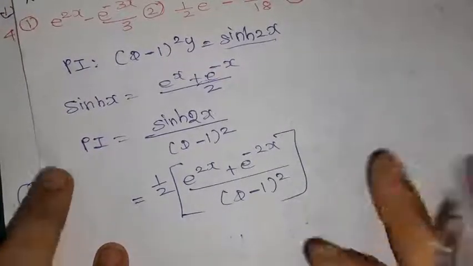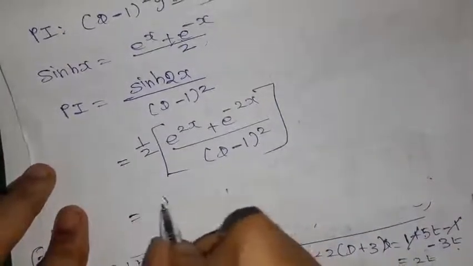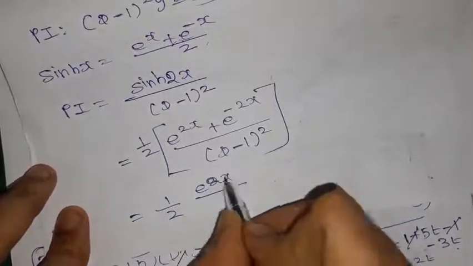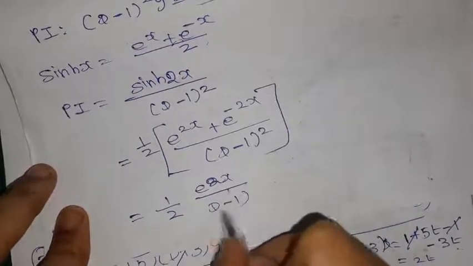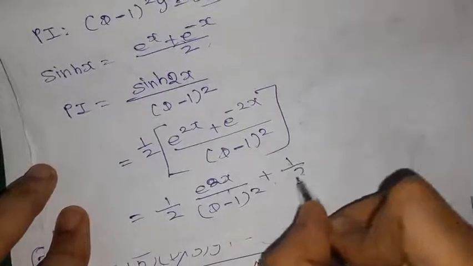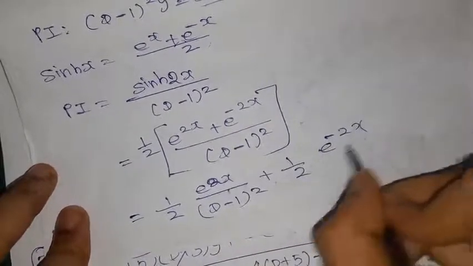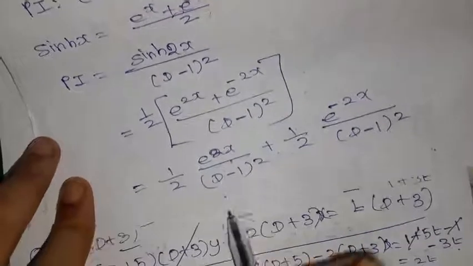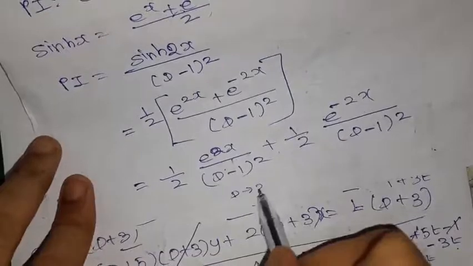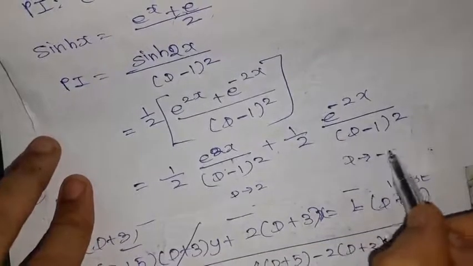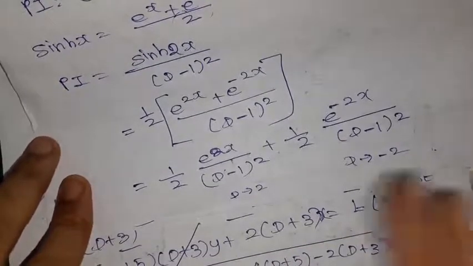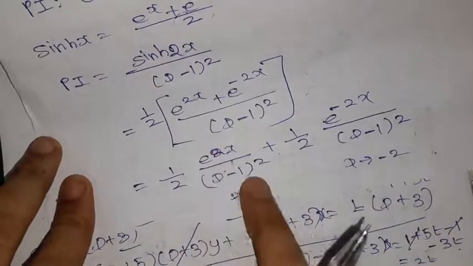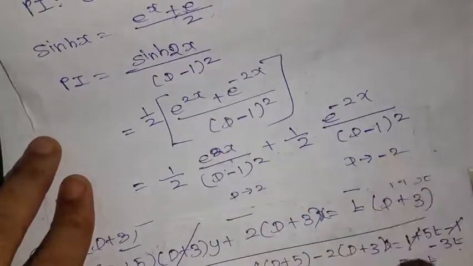We can split it: half e power 2x divided by (D minus 1) whole squared, minus half e power minus 2x divided by (D minus 1) whole squared. Here replace D by 2, here replace D by minus 2, and then substitute and simplify.